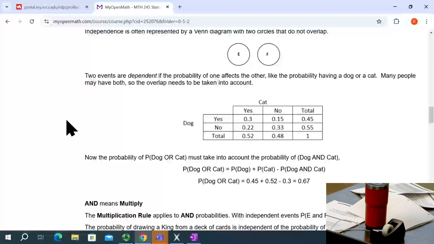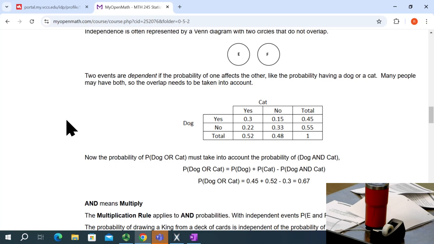A contingency table has all the possibilities of one here and all the possibilities of the other there. And you can do this for heads and tails or rain or not rain, any kind of thing here. So there's a probability. I can start with numbers and get a probability for each one of these things.